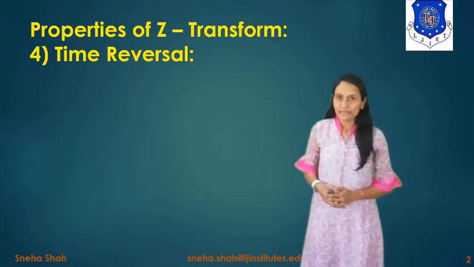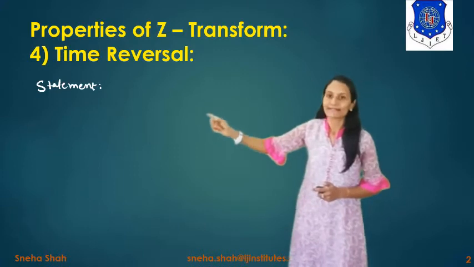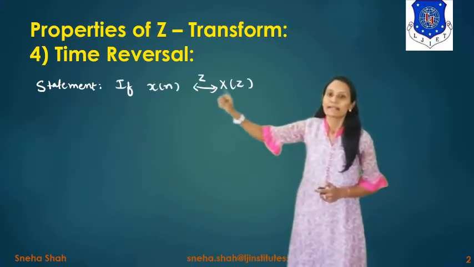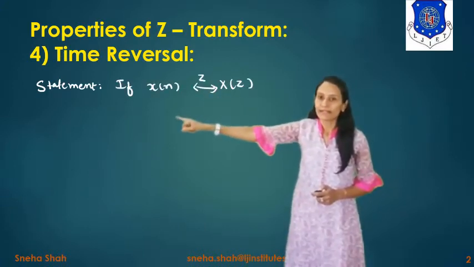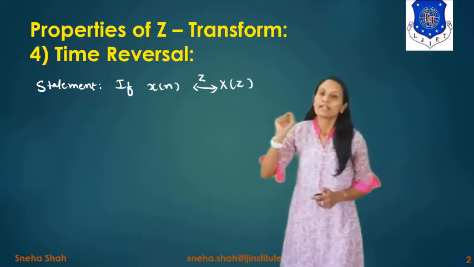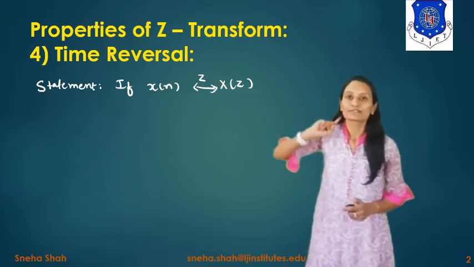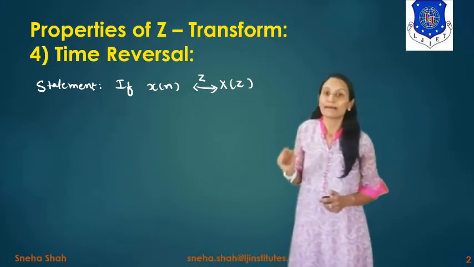For this property of the transform, first of all we write this statement: if we take the z transform of x of n, then it will give you the term x of z, right? For the time reversal property, we have to take x of minus n.